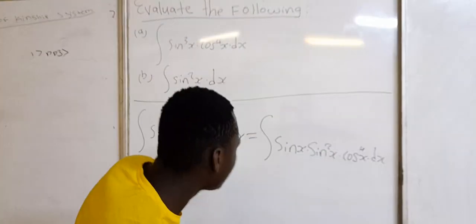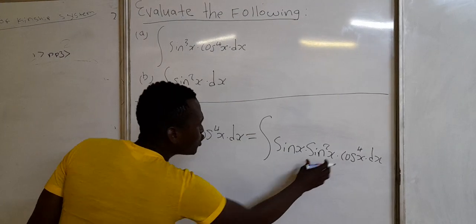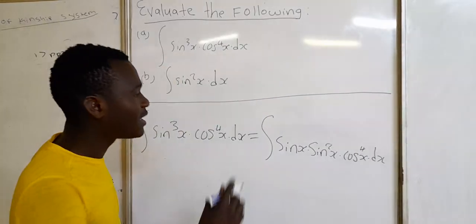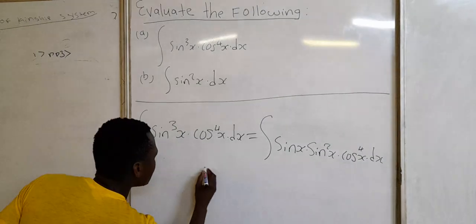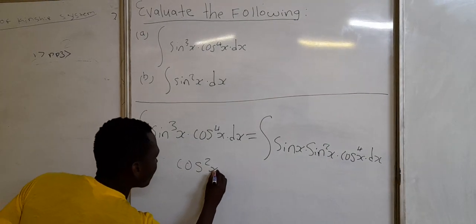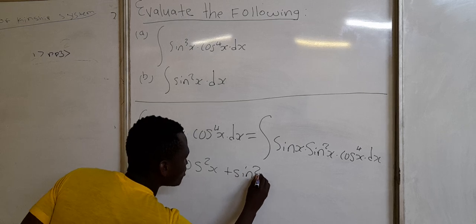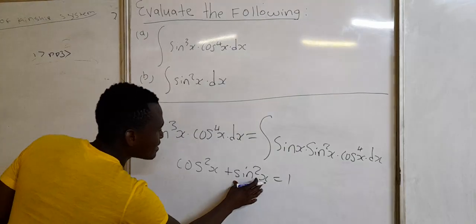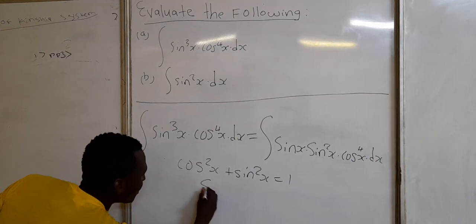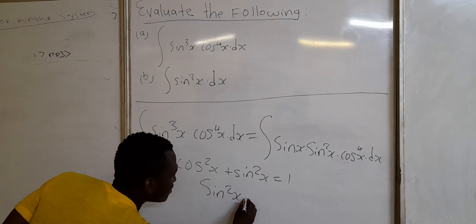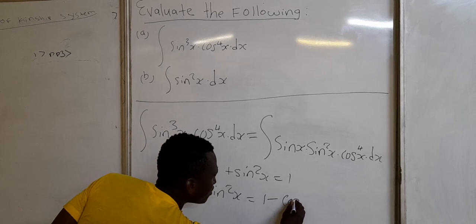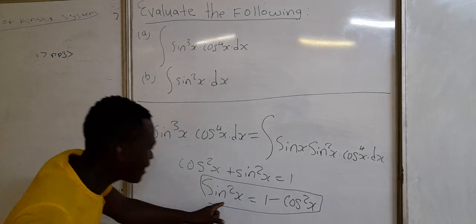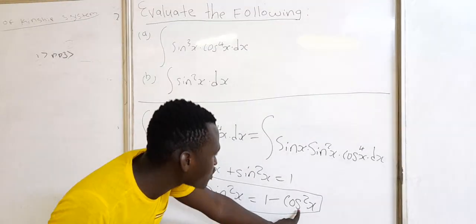You know that we can use a trigonometric identity, that cos square of x plus sine square of x equals 1. This is a trig identity. So you can make sine square of x the subject of the formula. This is sine square of x equals 1 minus cos square of x. That means where there is sine square of x, we are going to put 1 minus cos square of x here.